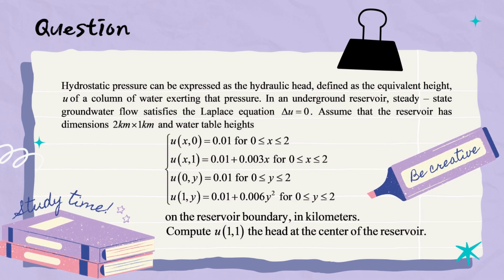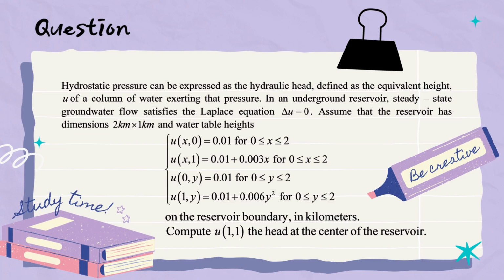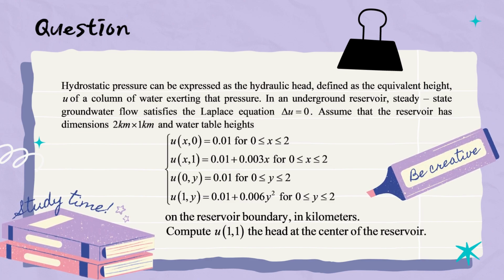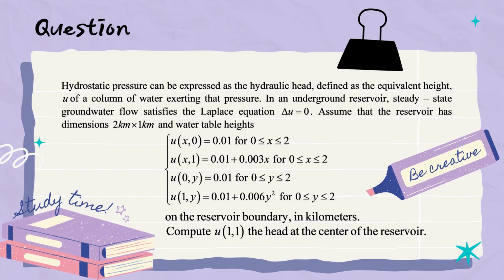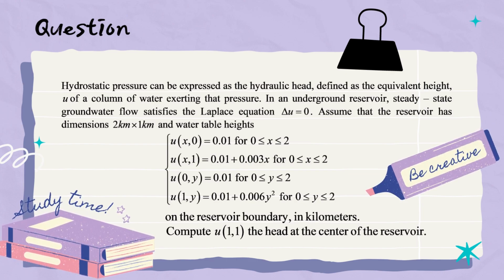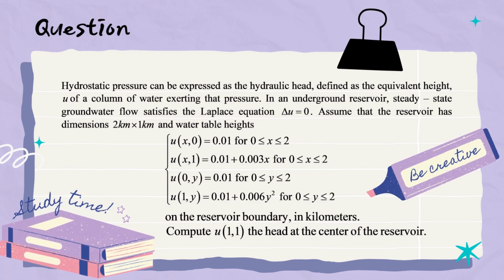In an underground reservoir, steady-state groundwater flow satisfies the Laplace equation. Assume that the reservoir has dimension 2 km times 1 km and water table heights are presented as follows. We need to compute u11, the head at the center of the reservoir.